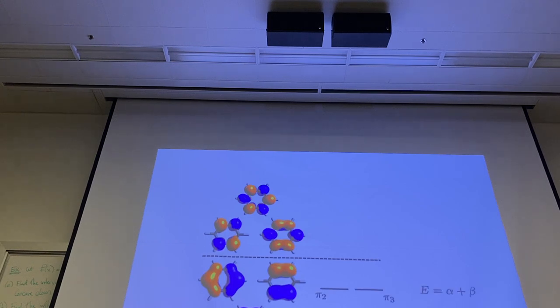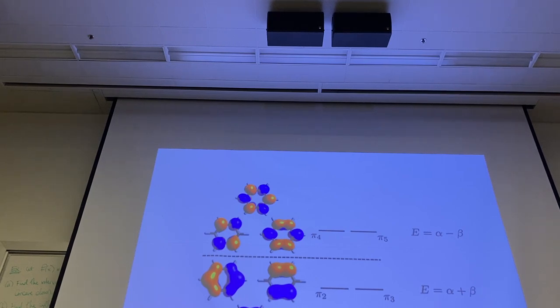The second one, there are 2 of them. We call them pi2 and pi3, and they have the same energy, so they are degenerate relative to one another. The energy that they have is alpha plus beta. The dotted line is basically the value of alpha. So the next 2 degenerate molecular orbitals lie above that line, which means they have anti-bonding character.